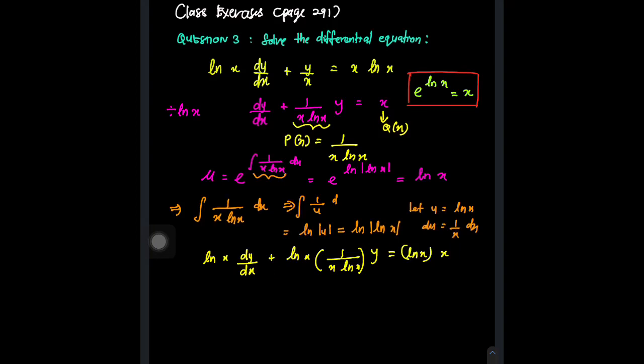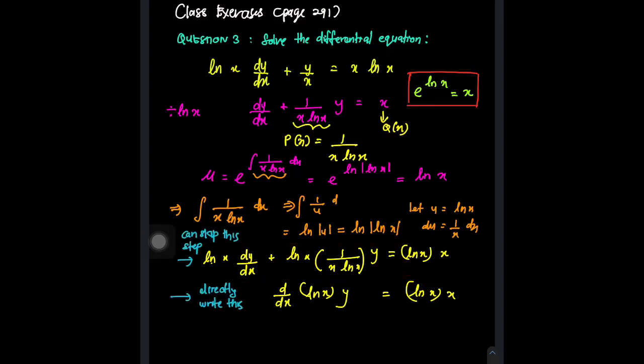It is actually d over dx of ln x times y, equivalent to x ln x. So actually you can skip this step, because this one is just to prove that differentiating mu times y gives you this. So there is no need for you to show this part. Then what you have to do next is integrate both sides with respect to x.